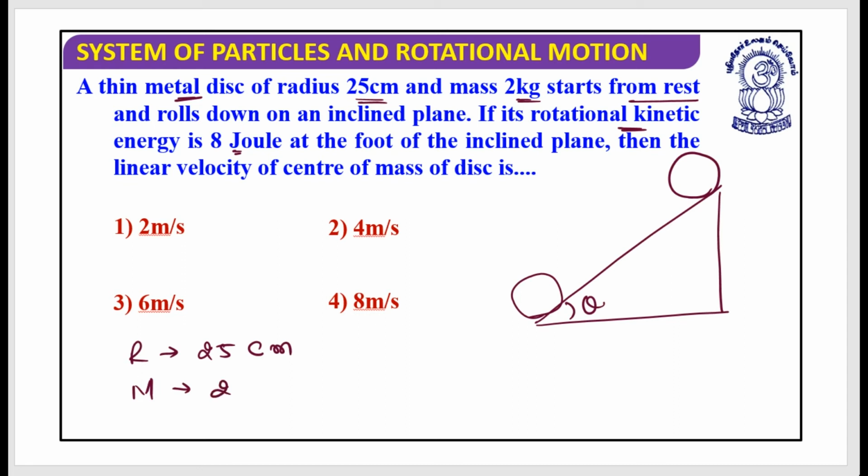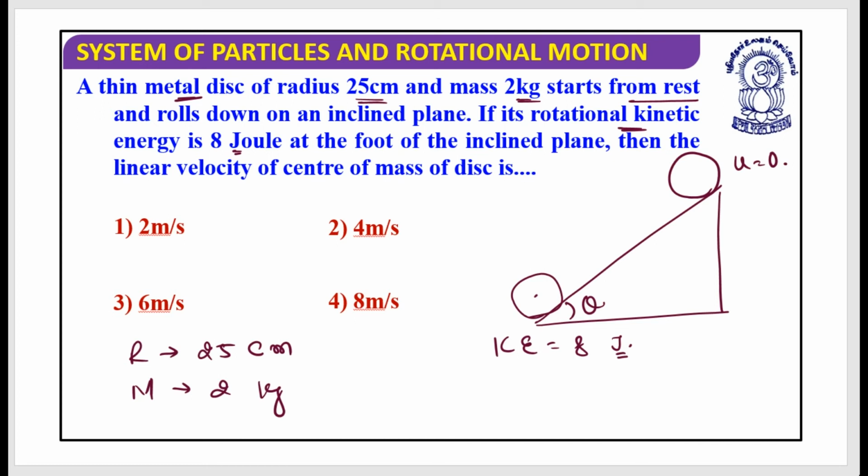Mass is given, 2 kg. It starts from rest, so u equals 0. It rolls down an inclined plane, and at this position it has kinetic energy equal to 8 joule. So I want the linear velocity of the center of mass of the disc.